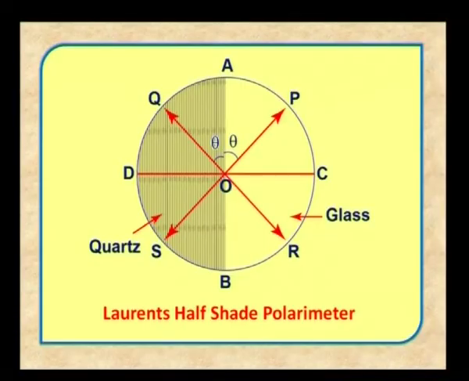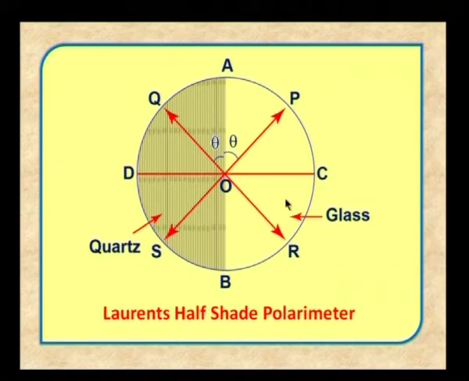So, a half wave plate is capable of producing a path difference of lambda by 2 or a phase difference of pi. A path difference of lambda by 2, by now you know, corresponds to a phase difference of pi radians or 180 degrees. So, compared to the half shade plate, you have got a glass here.